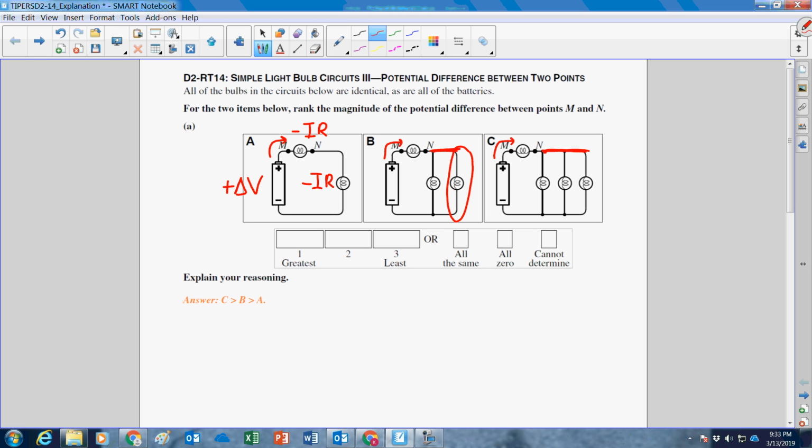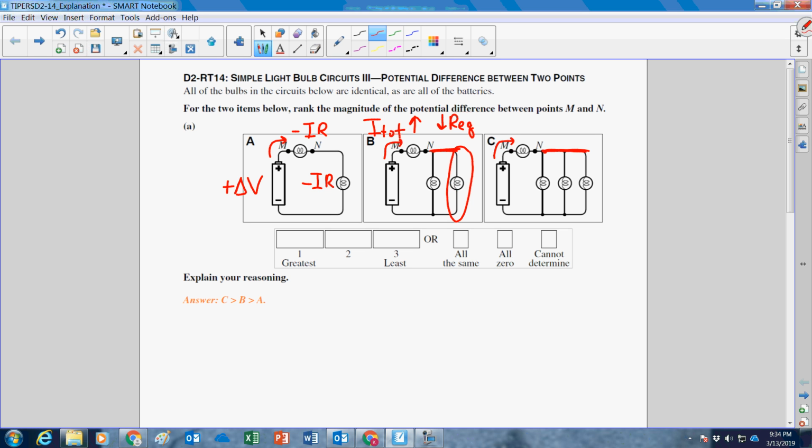And so we could argue now that having that additional bulb in there reduces the equivalent resistance of the whole circuit, which means that the total current coming out of the battery is going to increase.